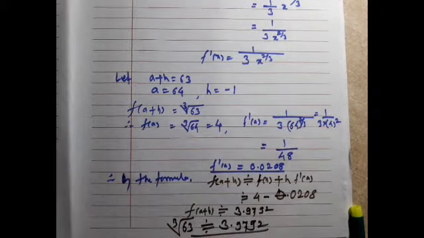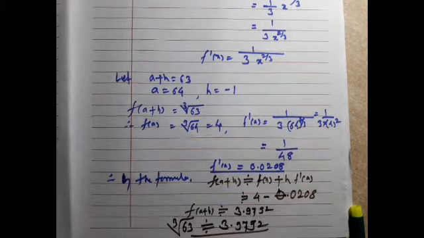Now next example, find approximate value of 4.01 raised to 3. Let f of x is equal to x raised to 3, then f dash x is 3x square.